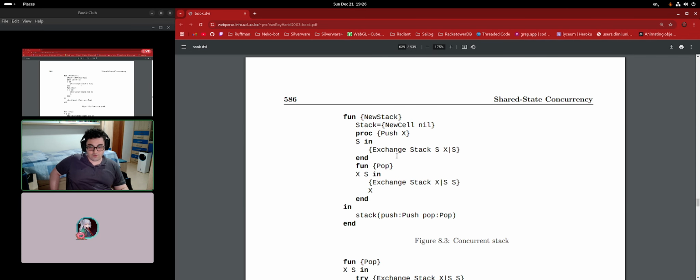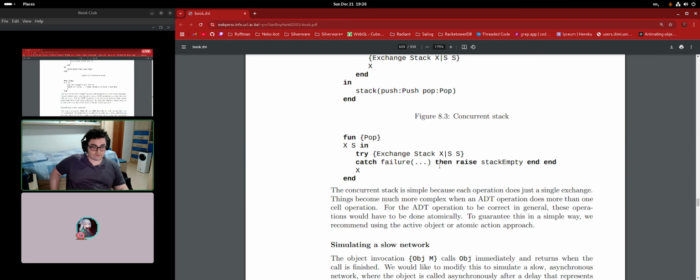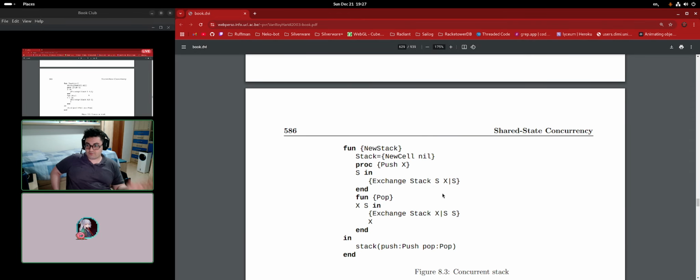Yeah, exactly. If you have more than one statement. Oh, here it is. The concurrent stack is simple because each operation does just a single exchange. Things become more complex when each operation does more than one cell operation. And that's why this may be a problem in the general case, not in this case.